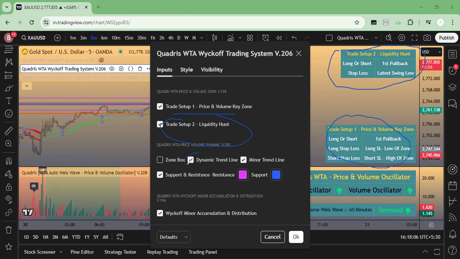After that, I spoke about dynamic trend lines and minor trend line. One thing remaining is support and resistance, and I've spoken about accumulation and distribution. There are two ways to trade accumulation and distribution, which I'm going to talk about in today's session.